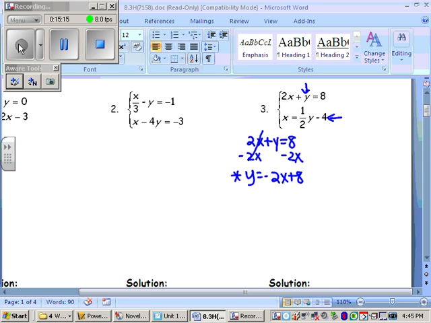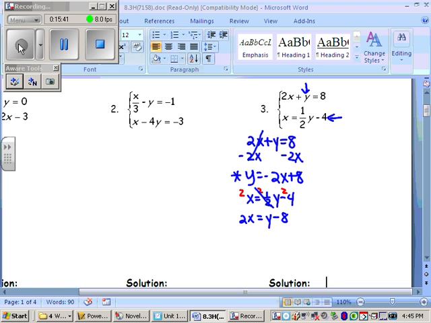So this would be one of the two equations we'll use as we go through the substitution process. In the second equation, x equals 1/2 y minus 4. Again, you may want to clear the fraction to make the problem a little bit easier to solve. So we would have 2x, and the 2's would cancel, so equals y minus 8.